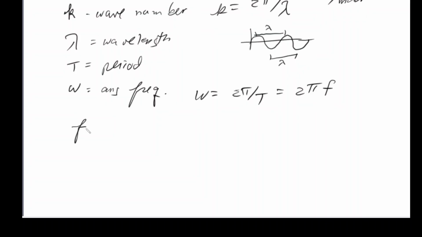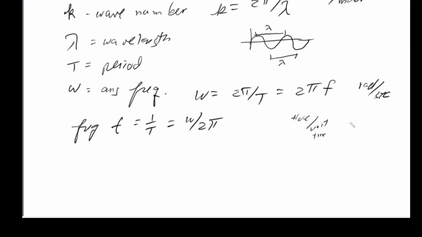And that is because frequency f is equal to 1 over T, or omega over 2 pi. And by the way, angular frequency is in radians per second. And frequency is number of oscillations per unit time, or hertz.